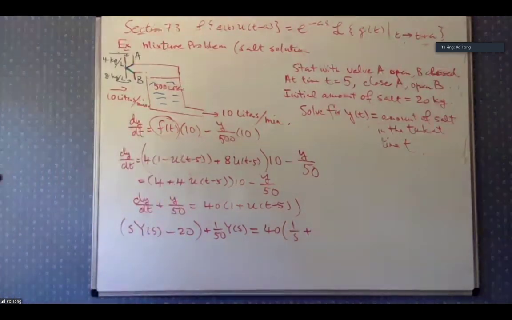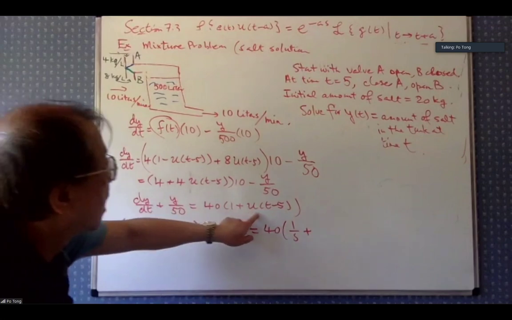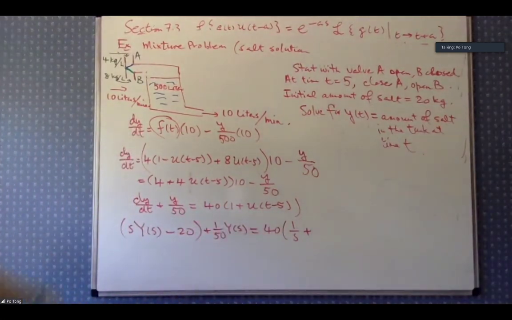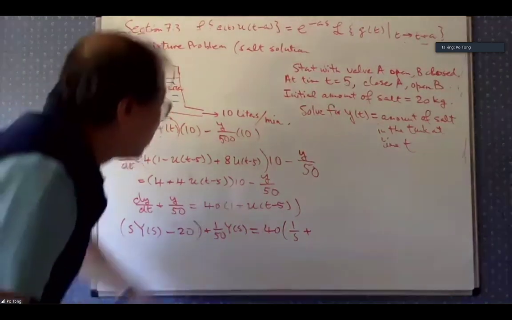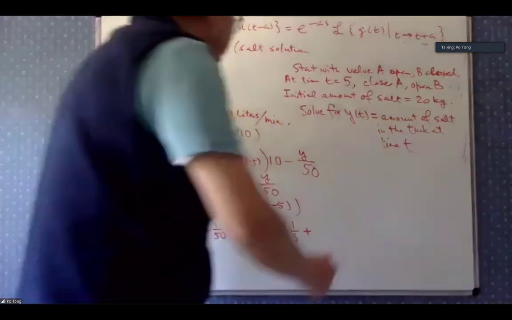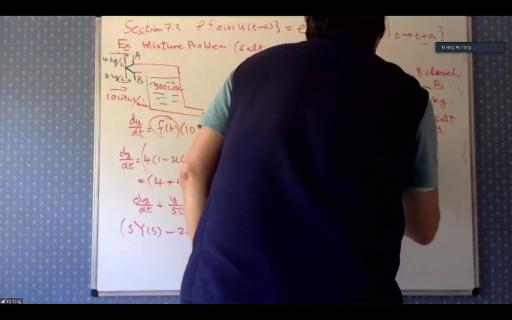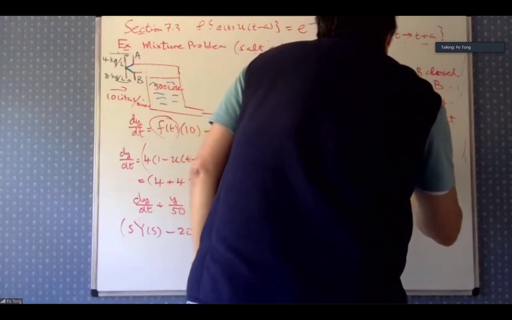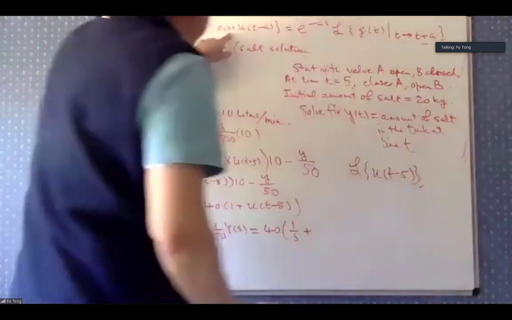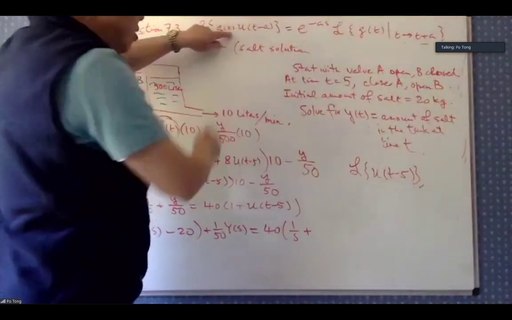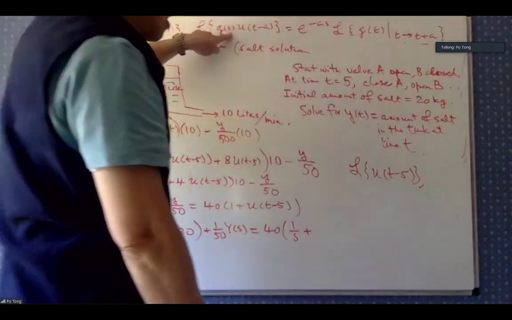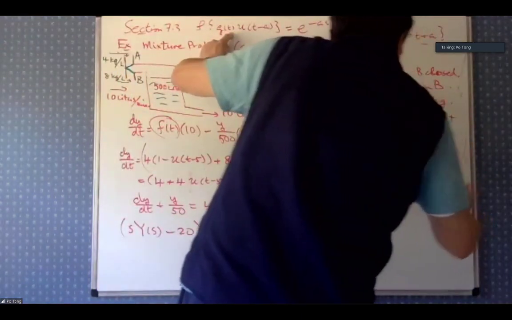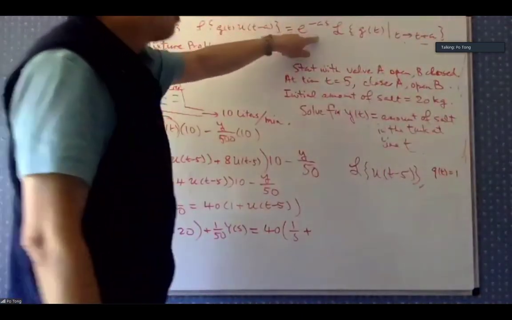And then the Laplace transform of just this guy, u(t minus 5). In this case, my function g(t) is equal to 1.